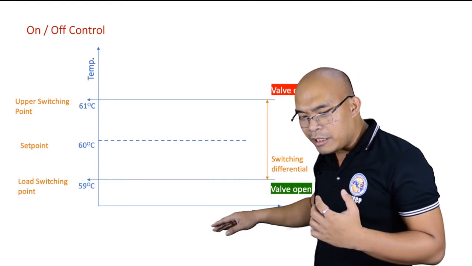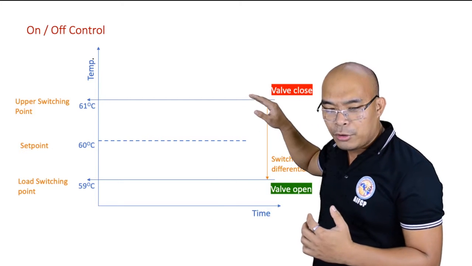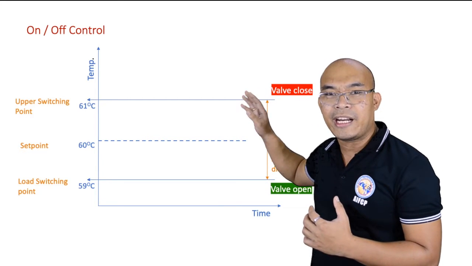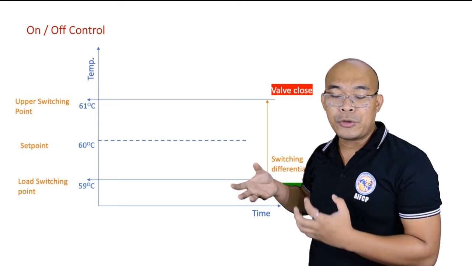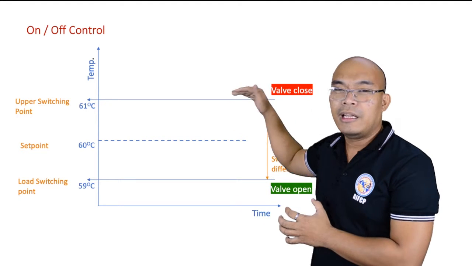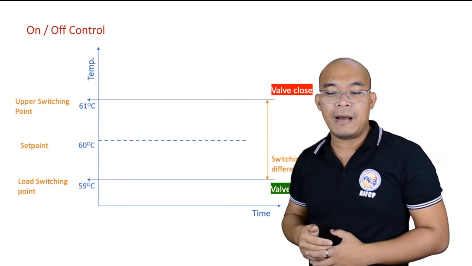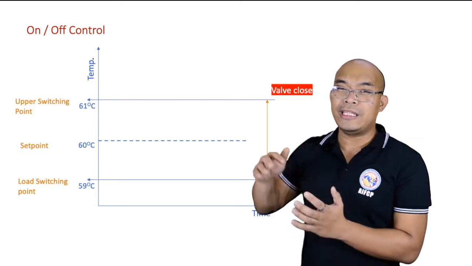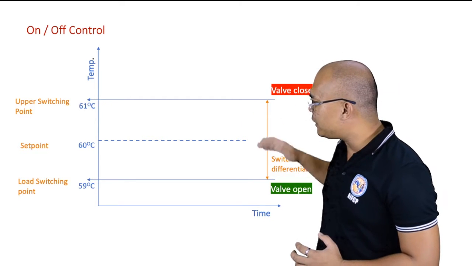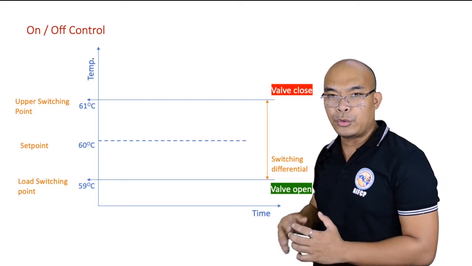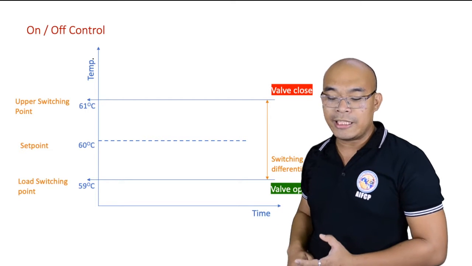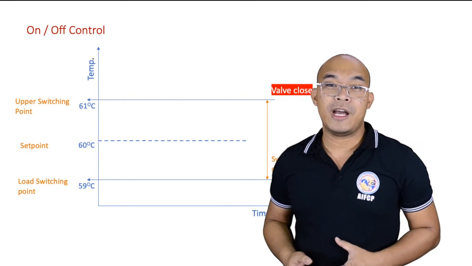Okay? And then, pag increase na yung temperature, pag umabot na dun sa 61 degrees centigrade, patayin niya na yung valve. So, pag pinatay niya na yung valve, nakaabot na siya sa tinatawag nating upper switching point. So, yung distance between 61 degrees and 59 degrees centigrade, which is 2 degrees centigrade, ang tawag natin yan, that is the switching differential. Okay?